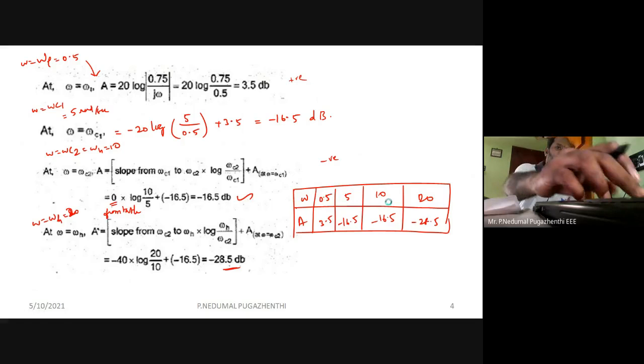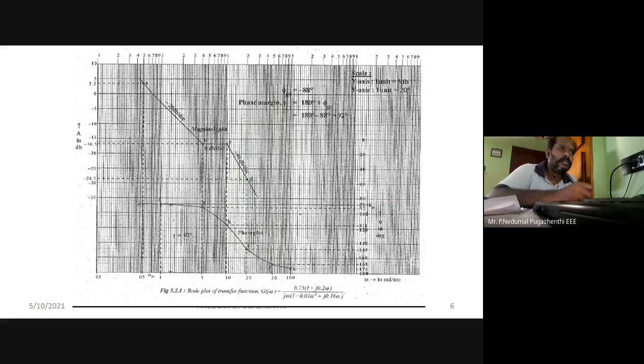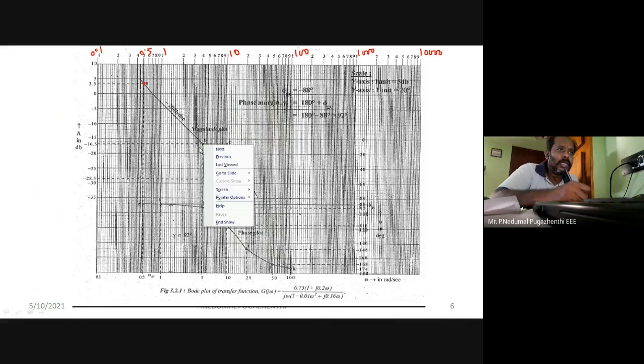If I mark these points on the graph, I choose it like 0.1, this is 1, this is 10, this is 100, this is 1000, and this is going to be 10,000. So at 0.5 the value is 3.5. At 5 the value is minus 16.5, and minus 16.5 is available here.